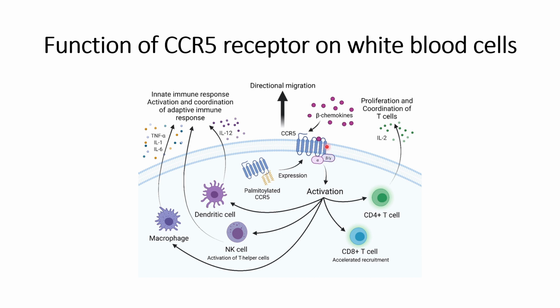And when it is expressed on the plasma membrane, the exterior side of CCR5, or we can say the N terminal of CCR5, can interact with weak chemokines that lead to the activation of various signals, in terms of innate immune and adaptive immune response.